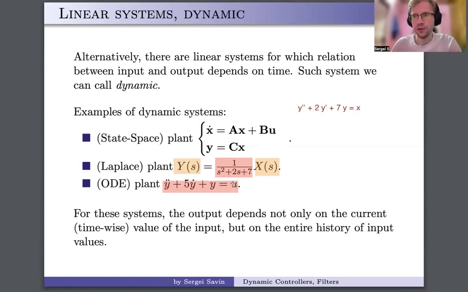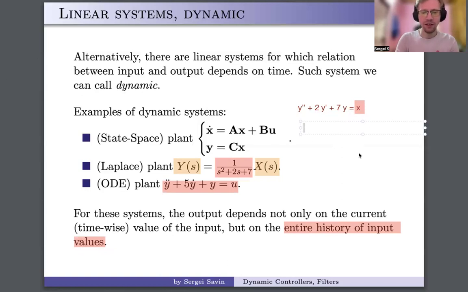So two different situations: dynamical system, statical system. In fact, for dynamical system, we could say that the output depends on the entire history of inputs, not only on the current input. Because you can imagine if, for example, here, x behaves like this.